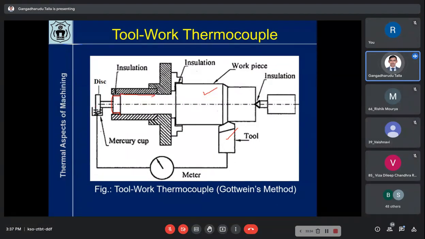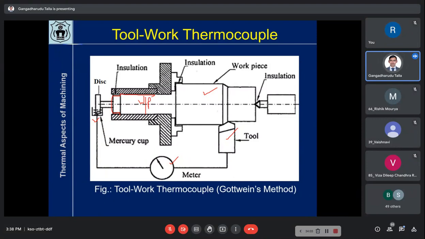That disc will be rotating in a mercury cup. This is a cold junction. And you have the cutting tool here, which is in contact with the workpiece. You have connected a voltmeter between the cutting tool and this rotating disc. The disc is part of the workpiece material.